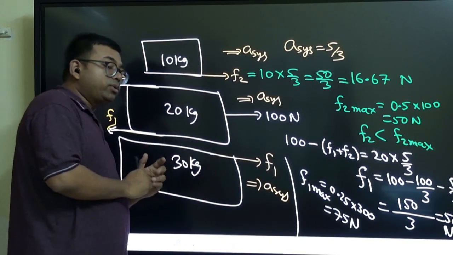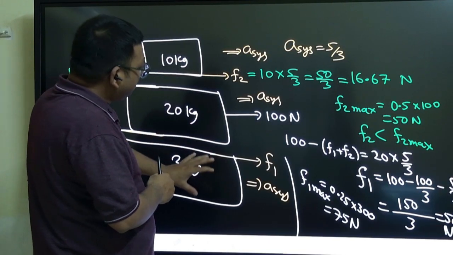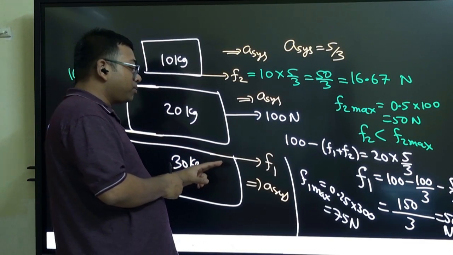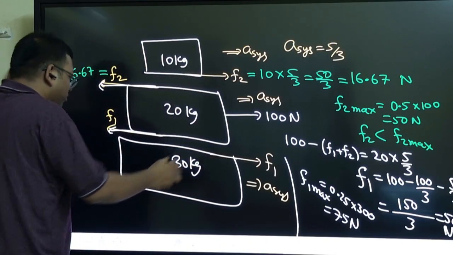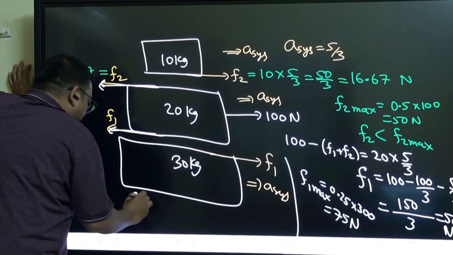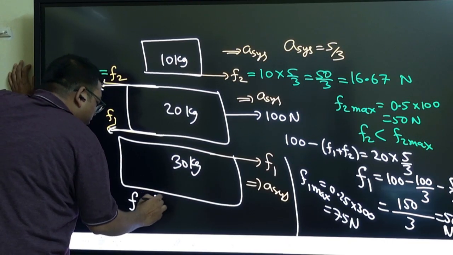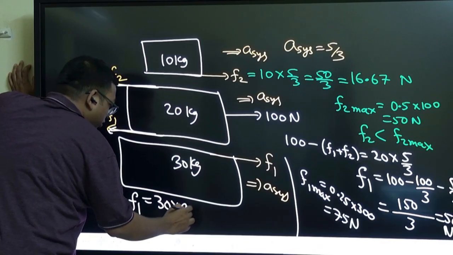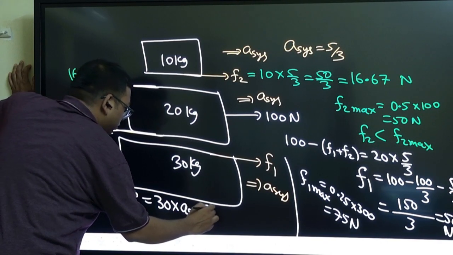But my question is that if I try calculating F1 from here, then how much does it come? Let's also try Newton's law here. This force is mass into acceleration. So 30 into system acceleration.